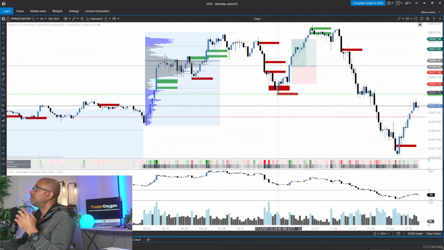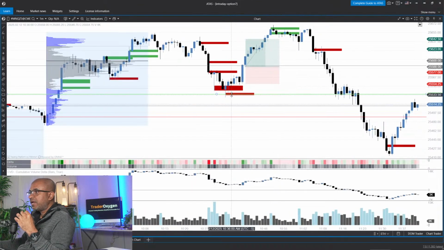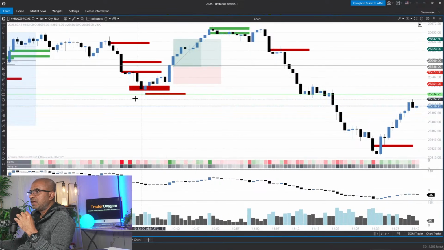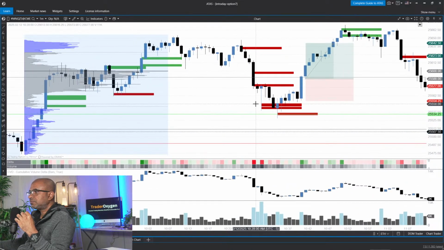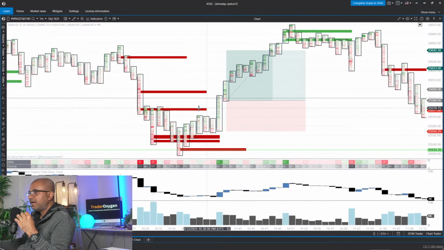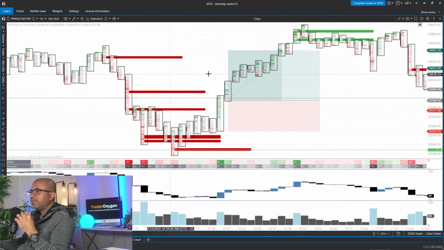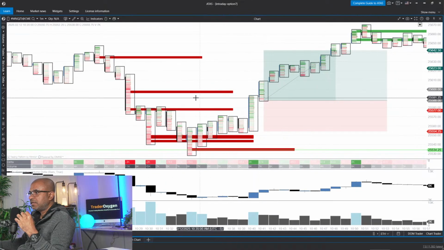What that means is, even though the price pushed down, and you can see red bars are bearish stacked imbalances. If I enlarge the chart, I'm going into the footprint chart.